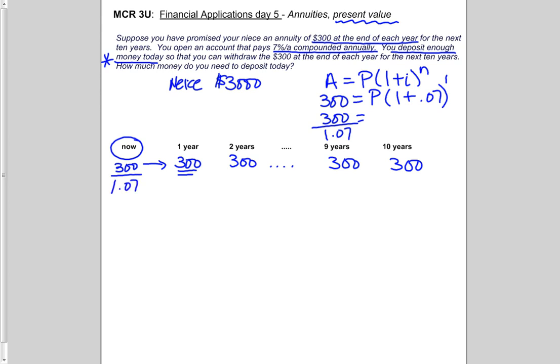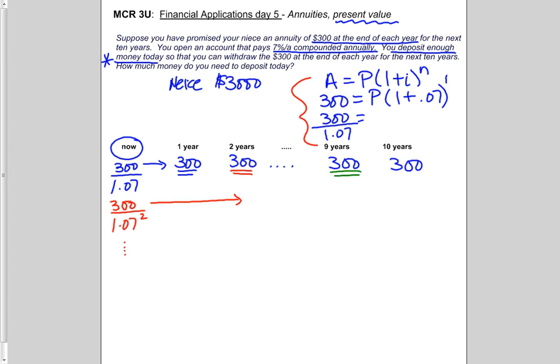To get the next payment of $300, I need just a little bit less because it's going to be sitting in the bank for a little bit longer. So for this one, I need to put in $300 from the same formula above divided by 1.07 squared. For the next one, and so on and so on.